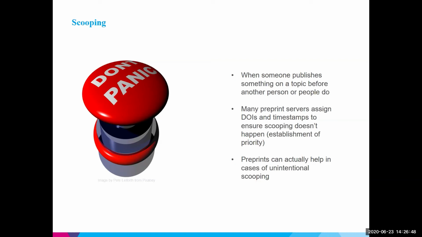It just is not possible. So when preprints are involved, once again, it establishes that these two teams just happen to be working on the same thing at the same time, and one of them was a little bit faster than the other.